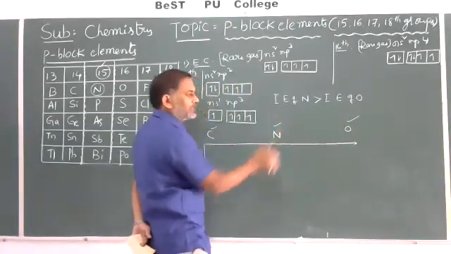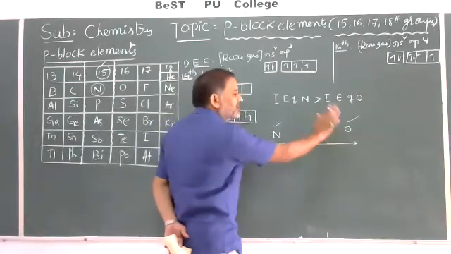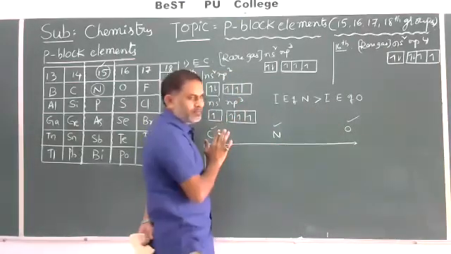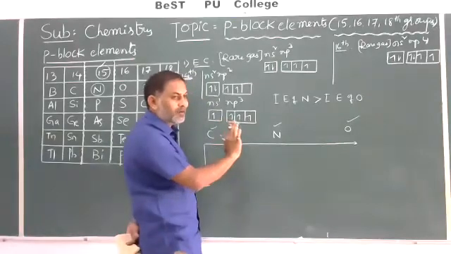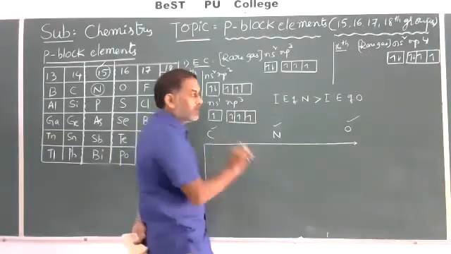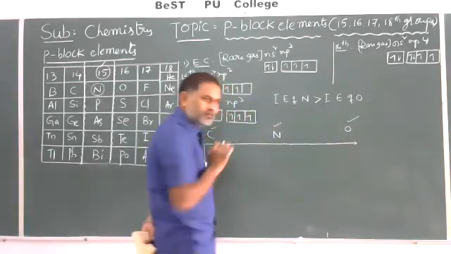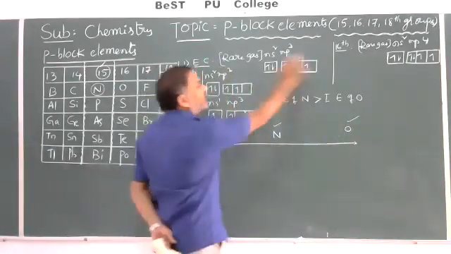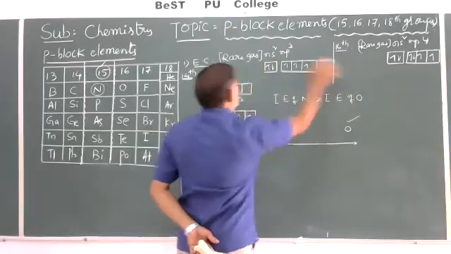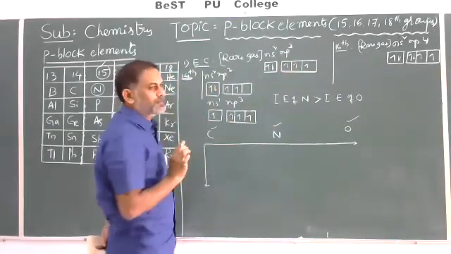According to that concept, oxygen's ionization energy should be more than nitrogen's, but in this case it is not so. Why is the ionization energy of nitrogen more than oxygen? For that purpose, this 15th group, 16th group and 14th group electronic configuration is written.